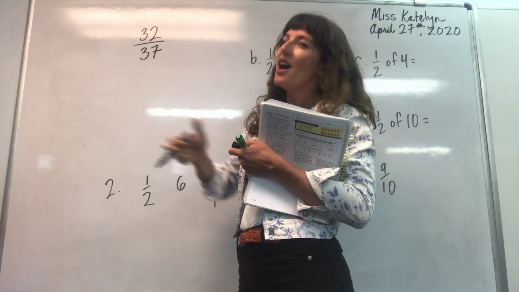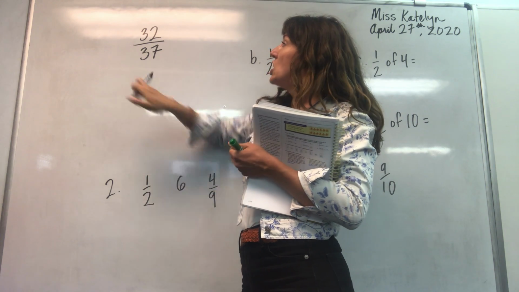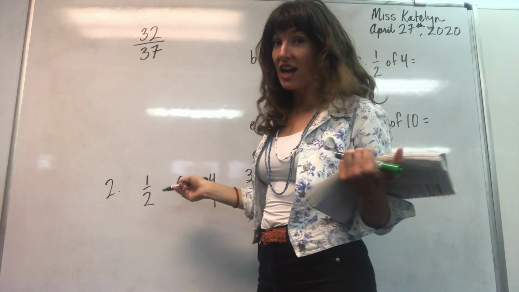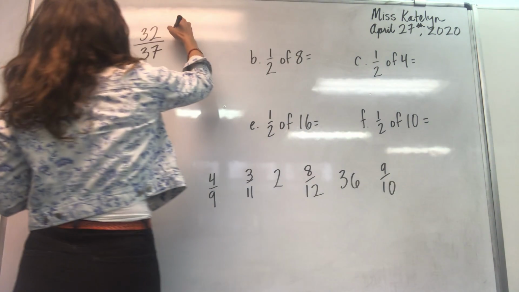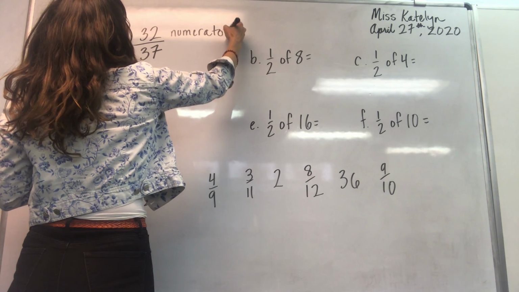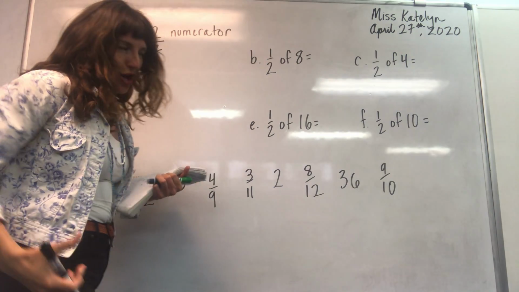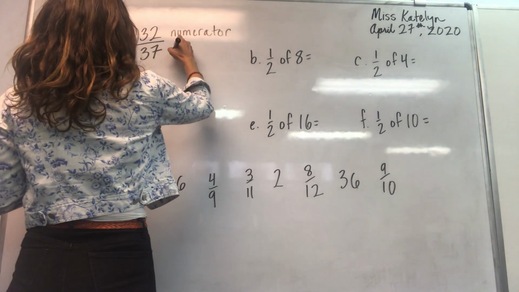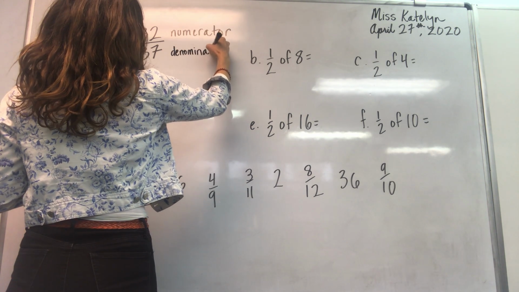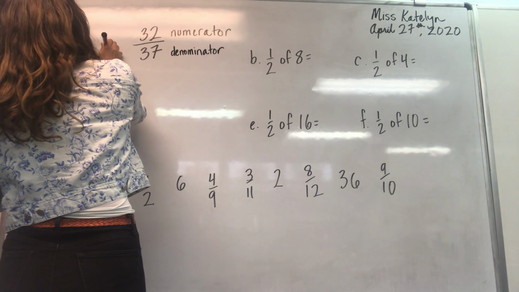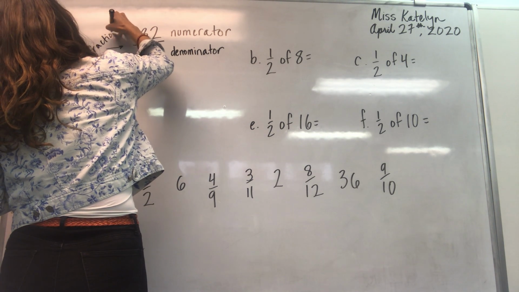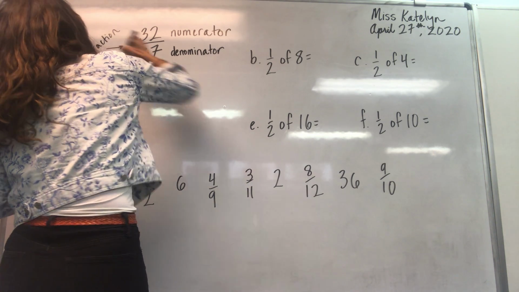What chunk of the whole shebang have you completed? So each part of a fraction has a name. Remember, this top part is the numerator. And down below, that is the denominator. And then this thing right here, we call that the fraction bar.